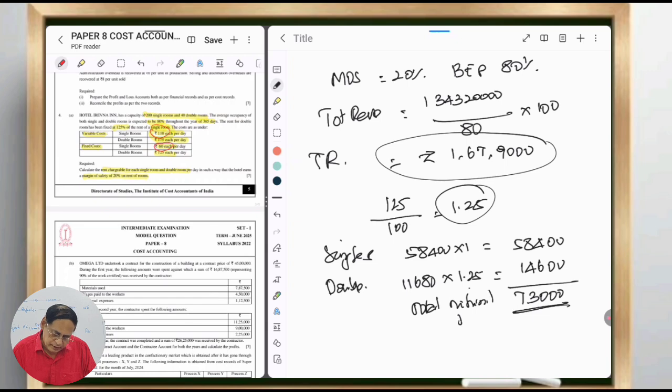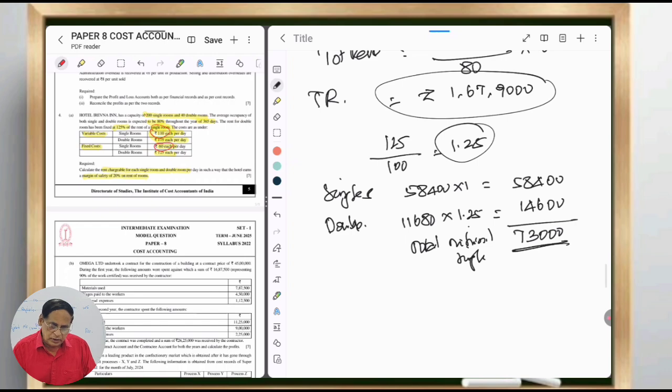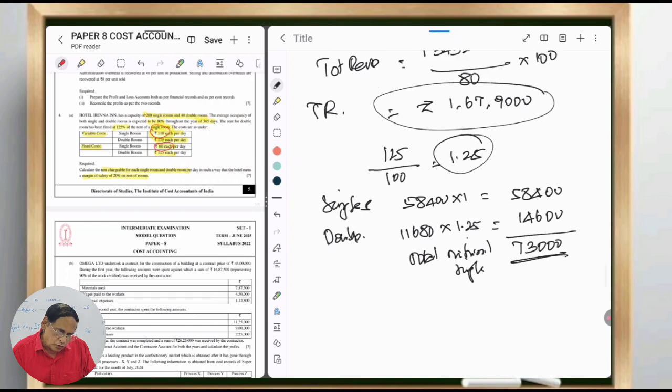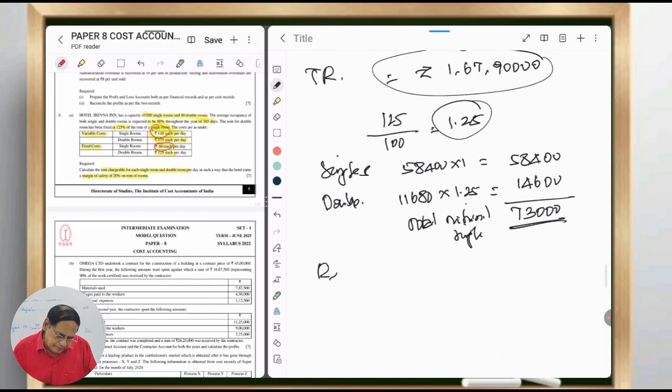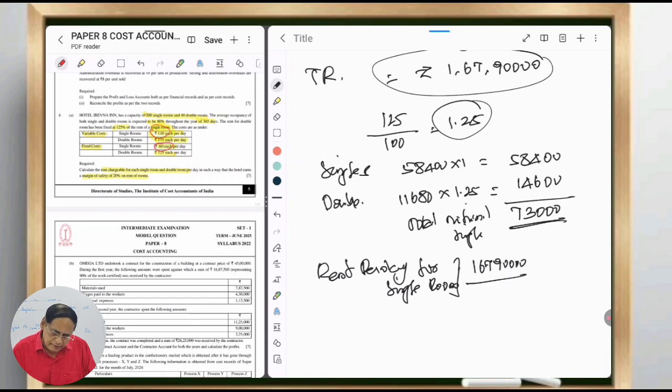So these are total notional single rooms. How much did we find out for the total revenue? 1,67,90,000. So rent per day for single room: 1,67,90,000 divided by 73,000 notional single rooms.